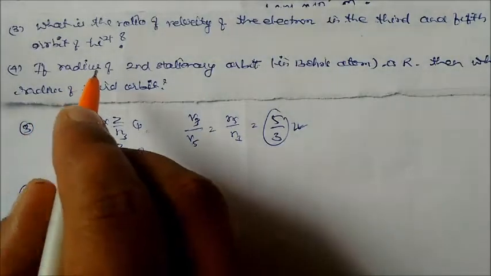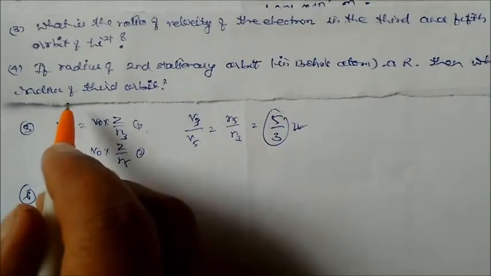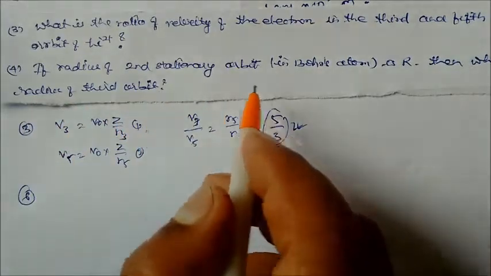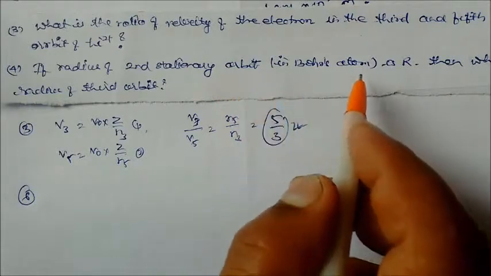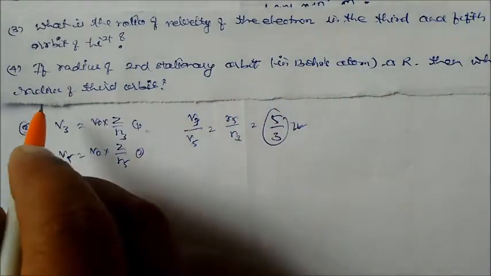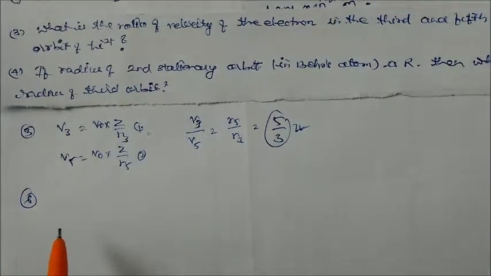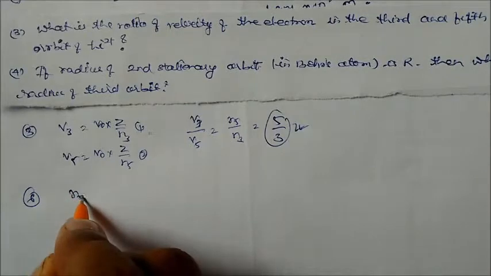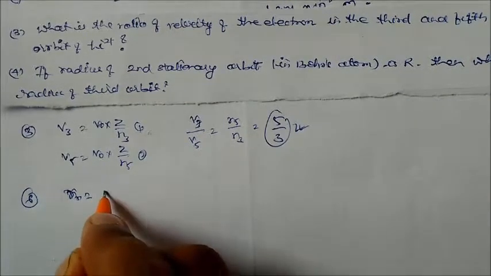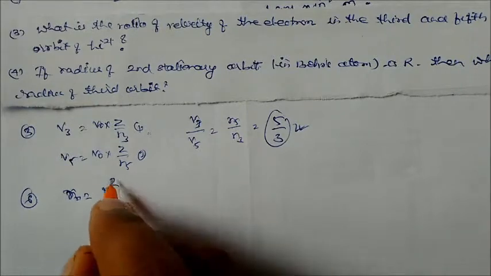Next, if the radius of the second stationary orbit is r, then what is the radius of the third orbit? They are asking about the Bohr atom. We will use the formula that the radius of the nth orbit is proportional to n square by Z. Here Z is constant, so we use n square.